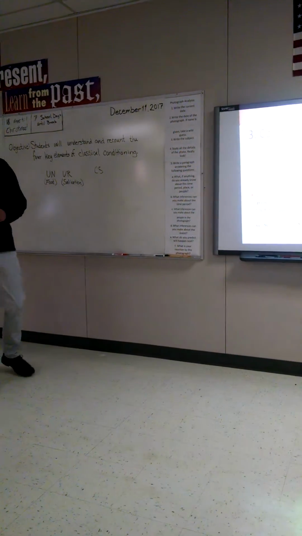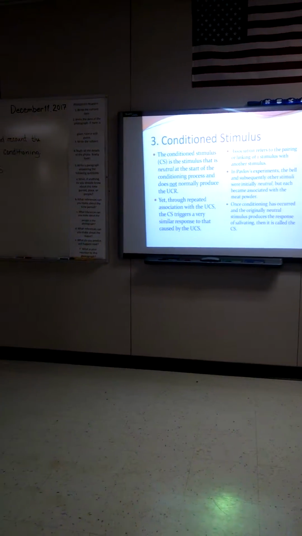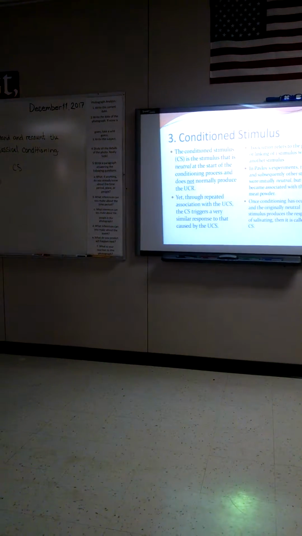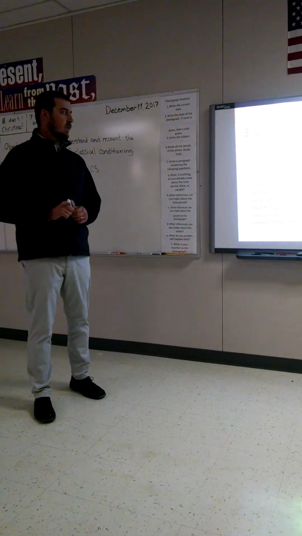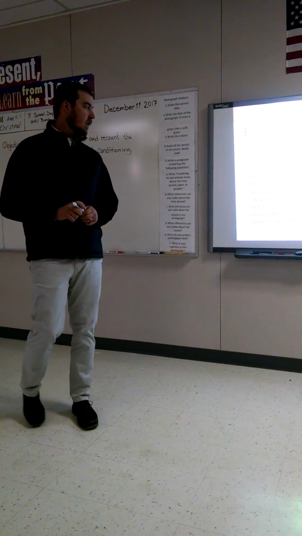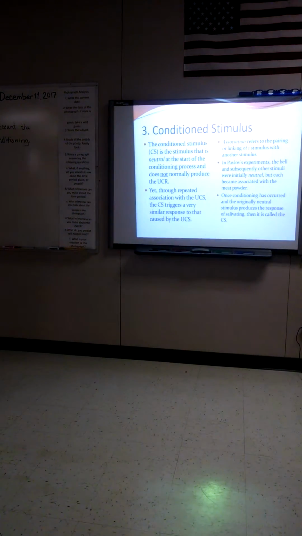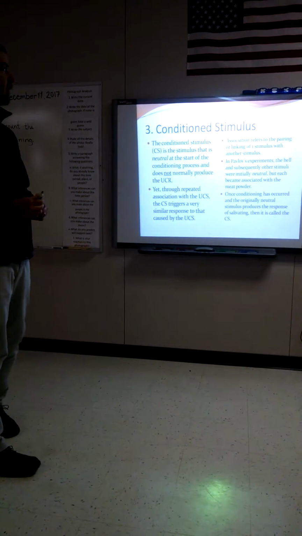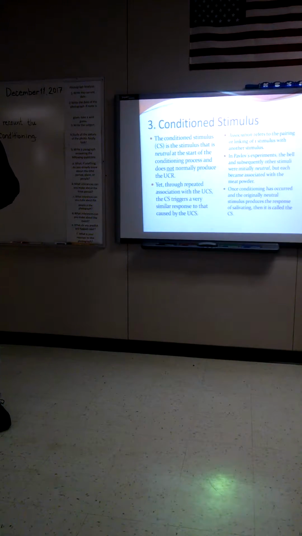The conditioned stimulus is the stimulus that is neutral at the start of the conditioning process and does not normally produce an unconditioned response. Yet, through repeated association with the unconditioned stimulus, the conditioned stimulus triggers a very similar response to that caused by the unconditioned stimulus. Association refers to the pairing or links of one stimulus with another stimulus.